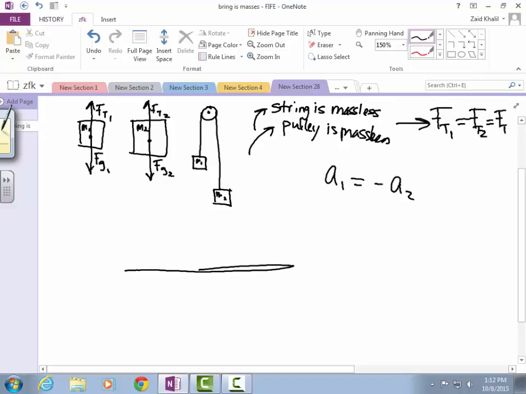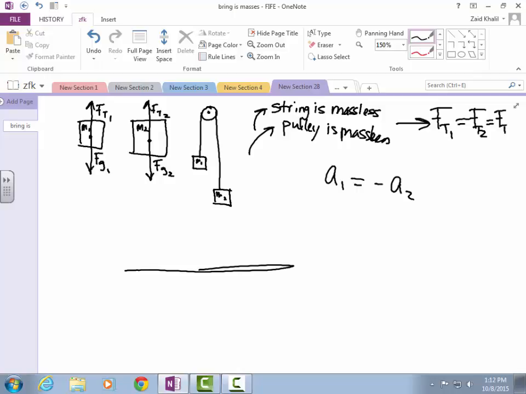I already gave you a quasi-explanation for this, but you'll see why the string being massless is important shortly. So now let's begin solving.